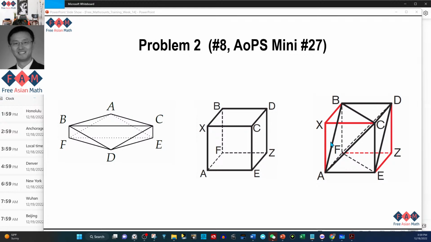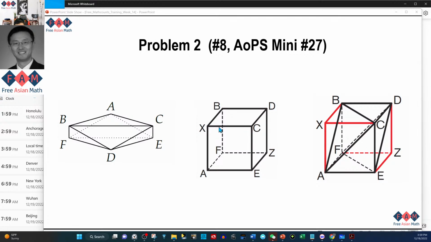Actually, it takes a pyramid off. So in this case, what we have on the leftmost figure, which is shown in the problem, is the result if we cut off 2 pyramid corners in a symmetrical way from this cube.